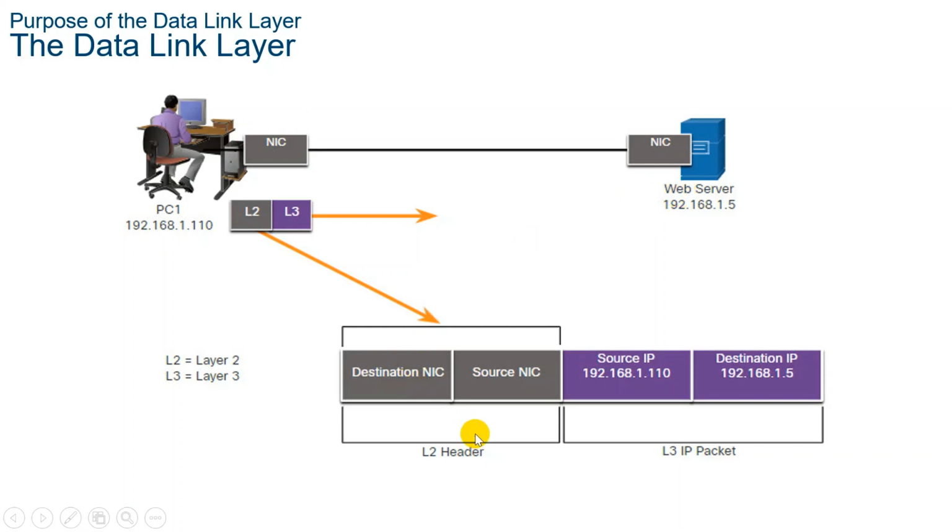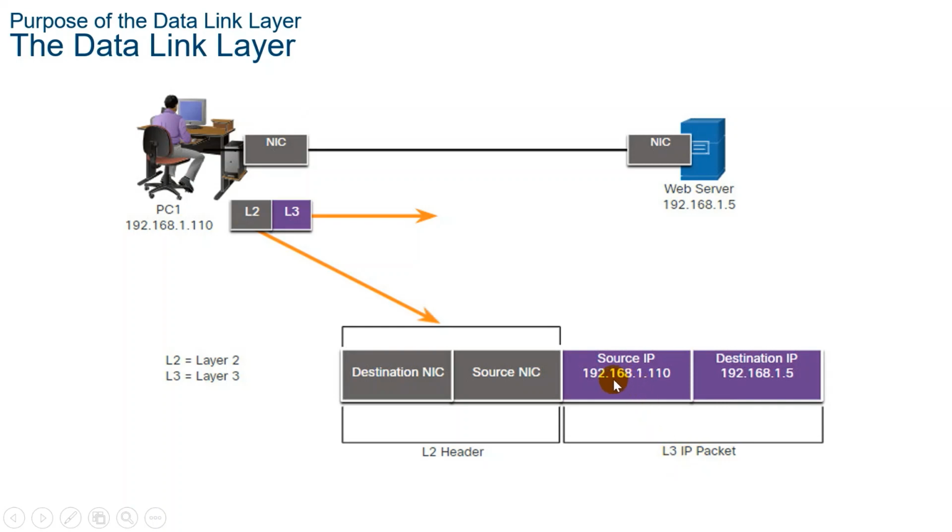Now the layer 2 header appended the destination NIC and the source NIC. We're talking about the MAC address here, so the destination MAC address or physical address, and the source MAC address or physical address. Now on the layer 3 packet, you also have the source and destination addresses, which we call IP addresses.